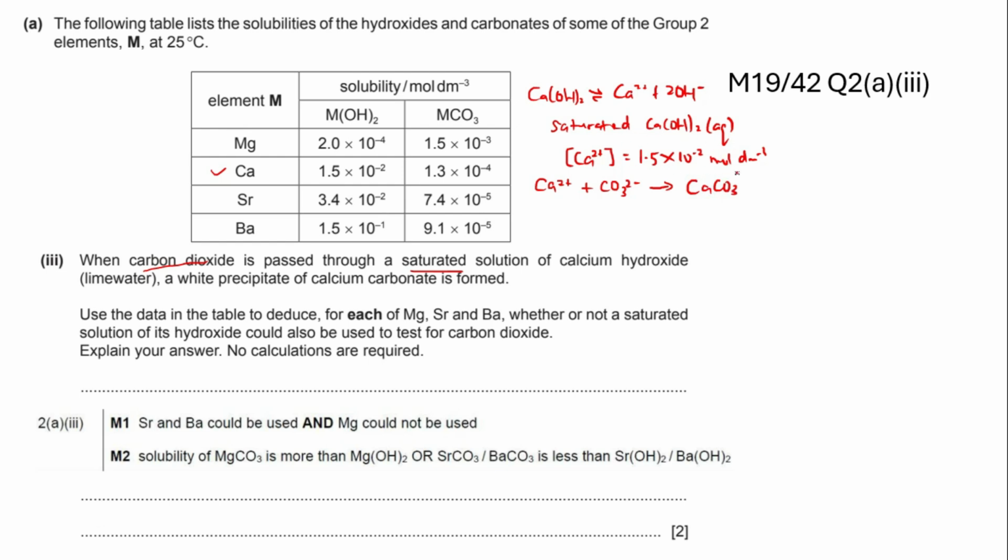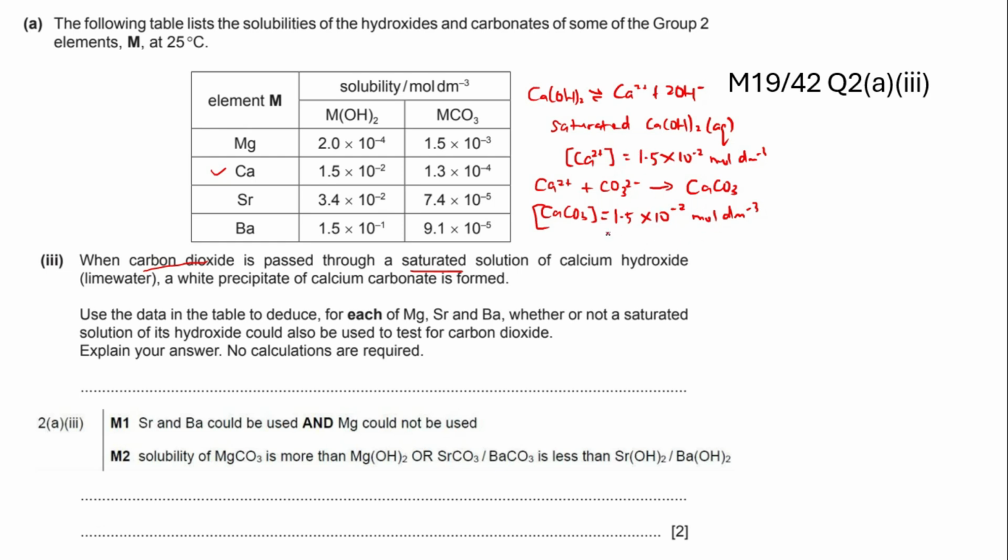Now, if this is the concentration of calcium 2+ ion, when we pass through carbon dioxide, the highest concentration of calcium carbonate that will form is 1.5 times 10 to the power of negative 2. The maximum concentration will not be higher than this 1.5 times 10 to the power of negative 2 because that will be the maximum amount of calcium 2+ ions in the solution.